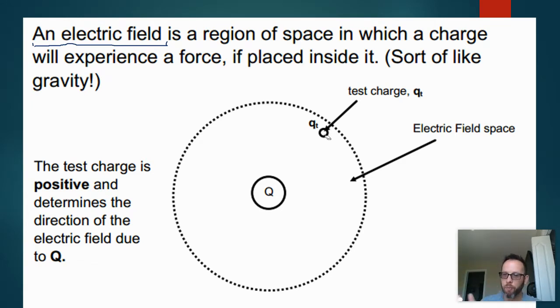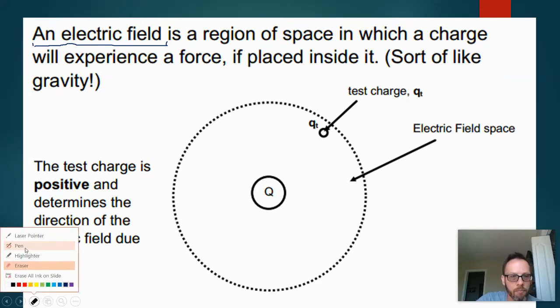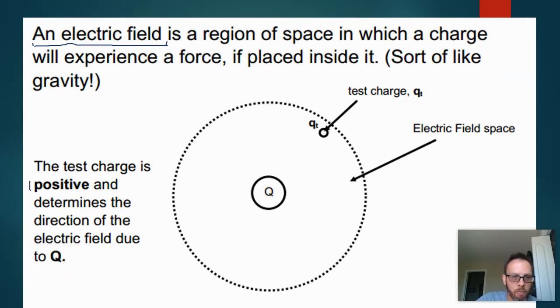So how can we resolve this conflict? In these diagrams, we always assume that the test charge QT is positive. So the field lines are always for what would happen if a positive test charge comes in.